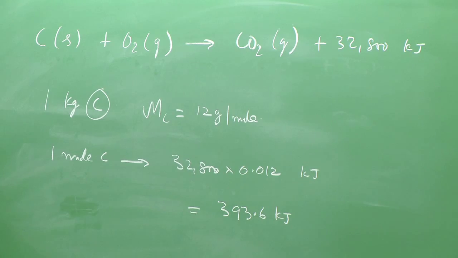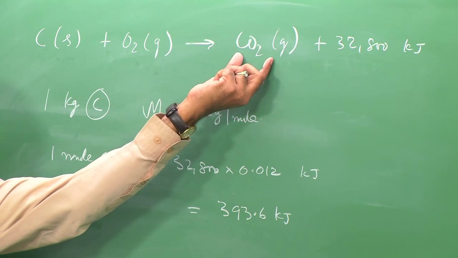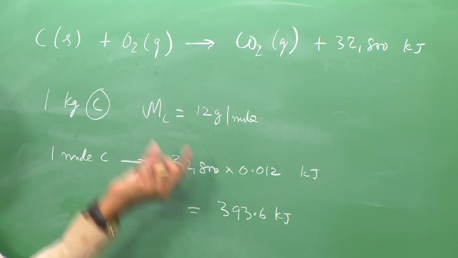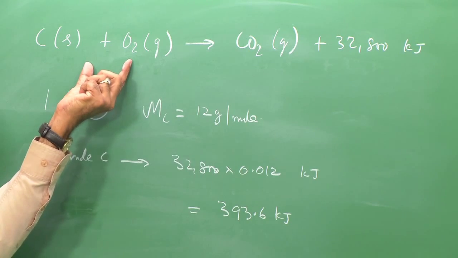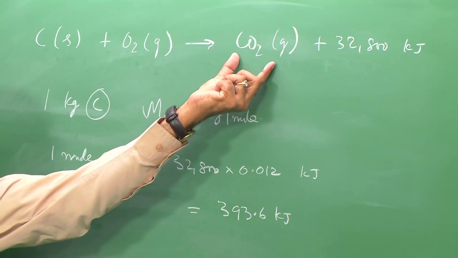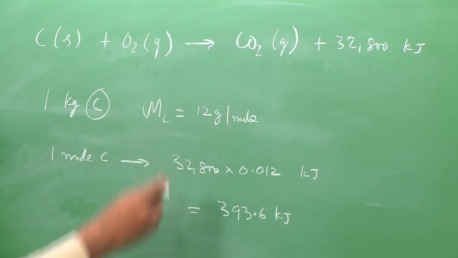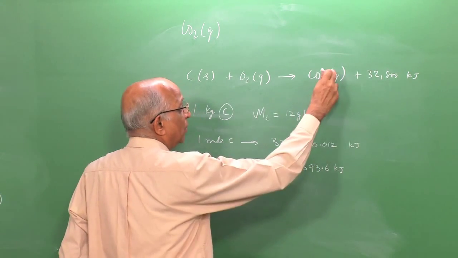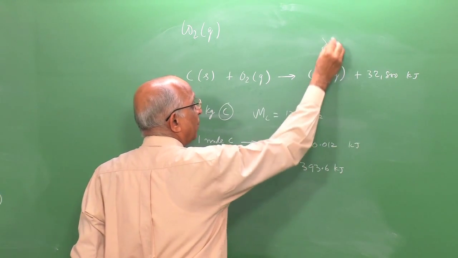That means, when 1 mole of carbon dioxide is formed, automatically 393 kilojoules of heat is generated in this reaction.